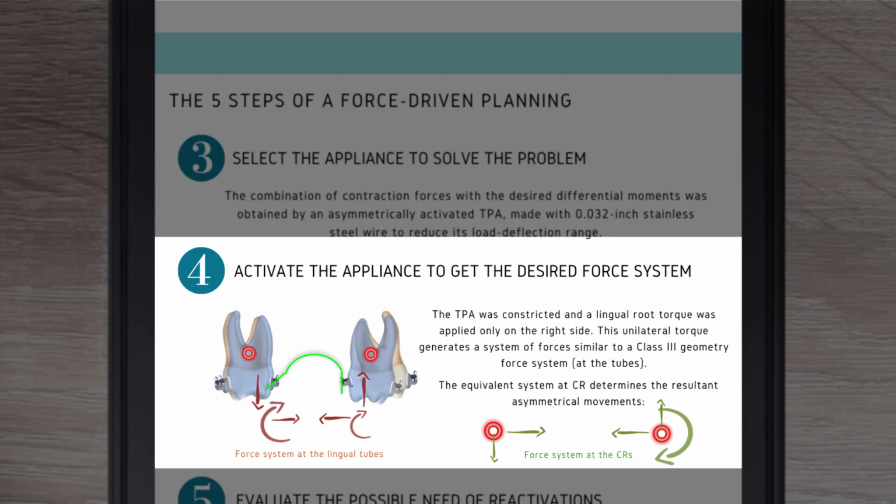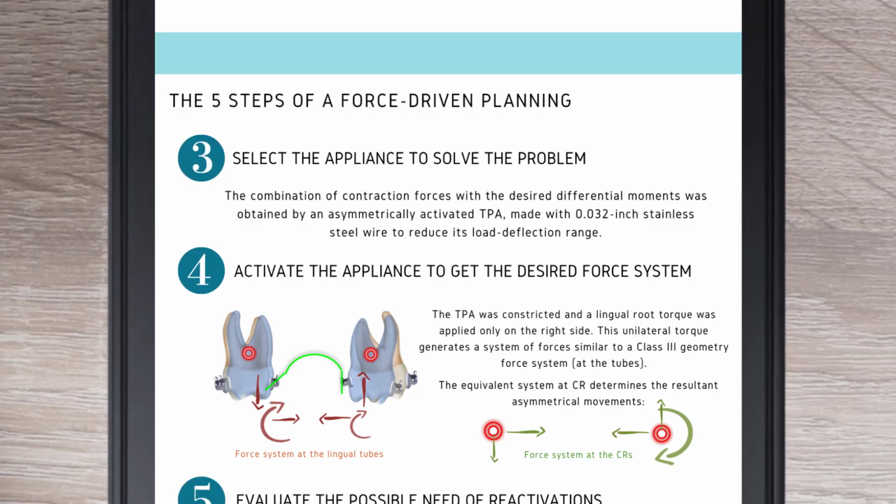The TPA was constricted and the lingual root torque was applied only on the right side. This unilateral torque generates a system of force similar to a class 3 geometry force system at the tubes. The equivalent force system at the center of resistance determines the resultant asymmetrical movements.